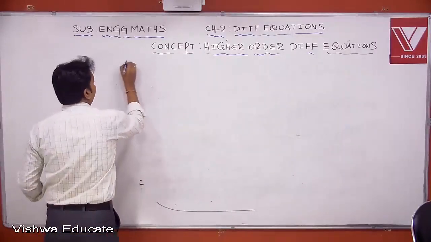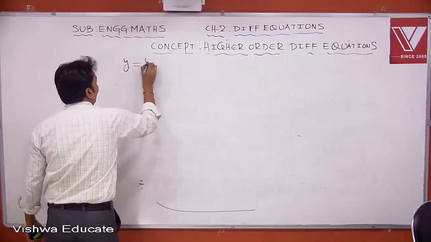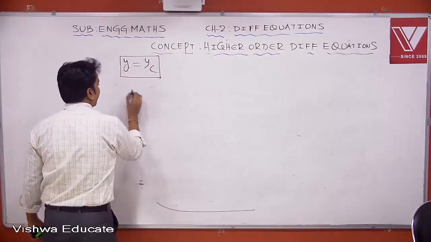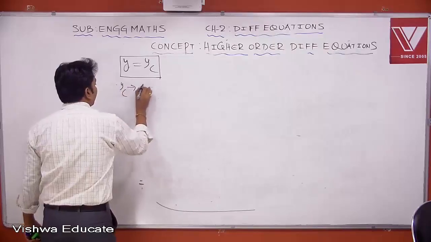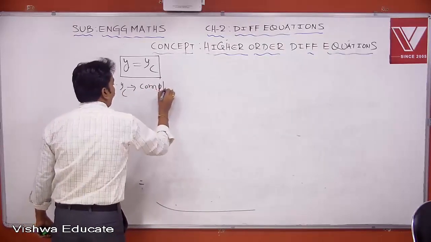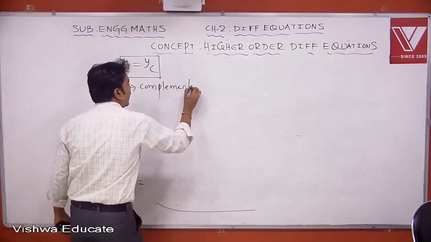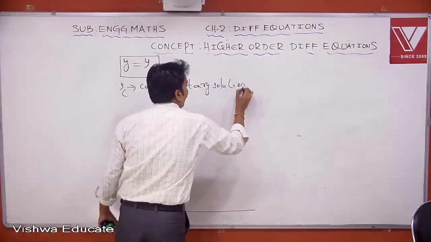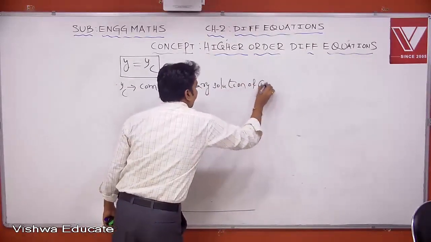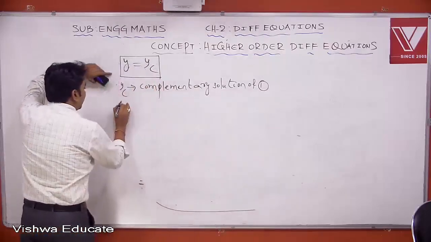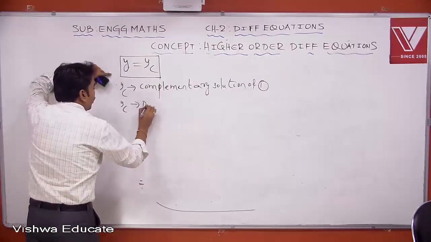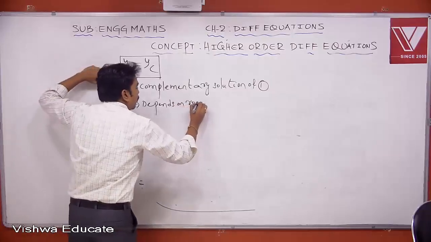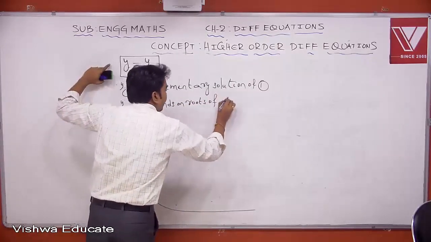So the general solution of equation 1 is given by y equal to yc. What is this yc? This yc is called the complementary solution of equation 1, and this yc depends on roots of the auxiliary equation.